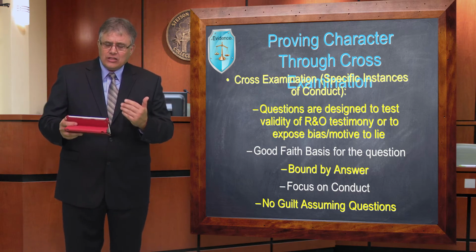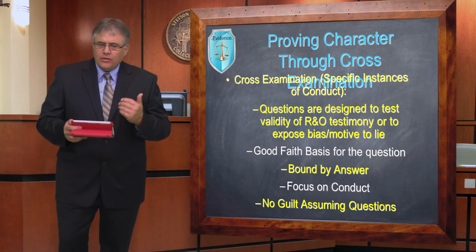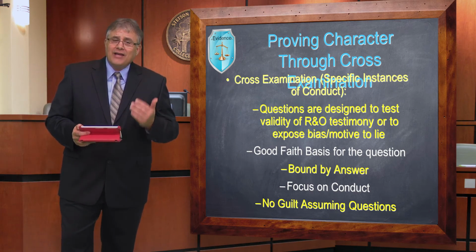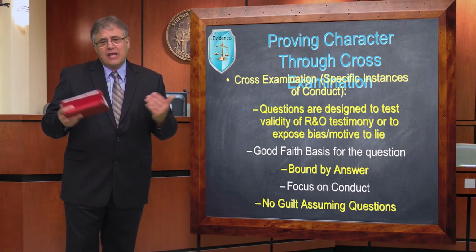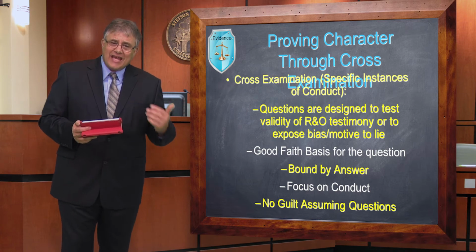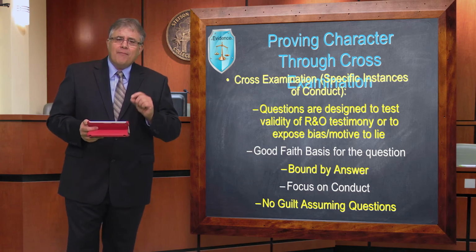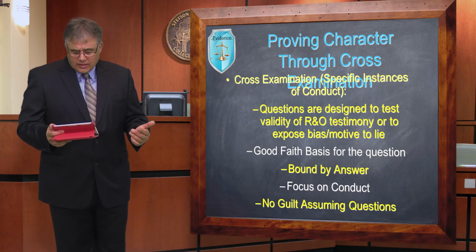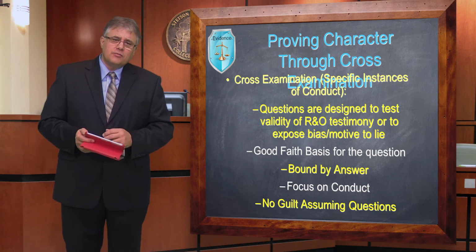When I ask these questions, they're designed to test the validity of the earlier testimony. I've got to have a good faith basis to ask the question. I can't make stuff up. I've got to have some reason to think that that fact actually exists, and I am bound by the answer that the witness gives. I can focus on the conduct, and I can't ask a guilt-assuming question.